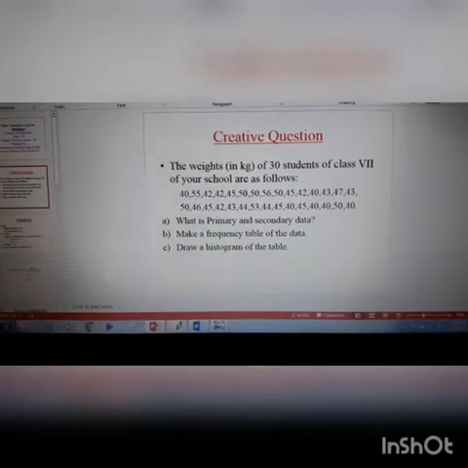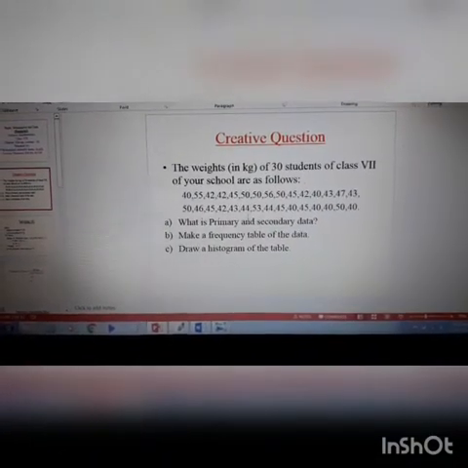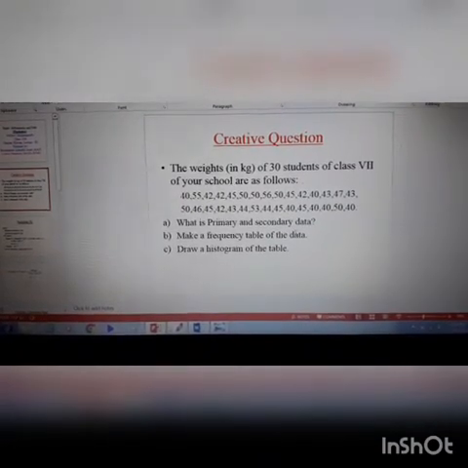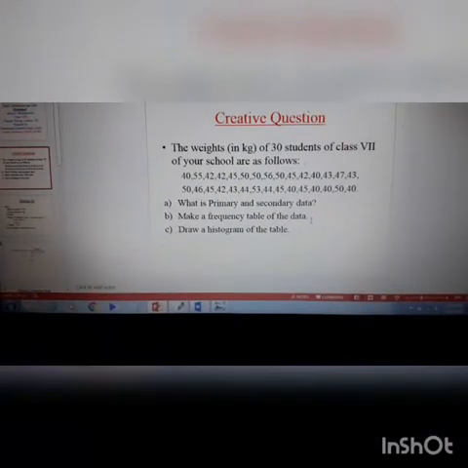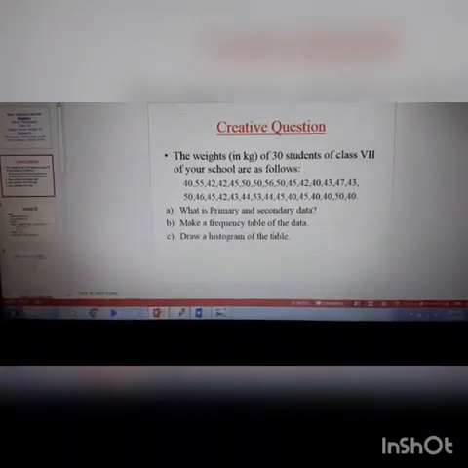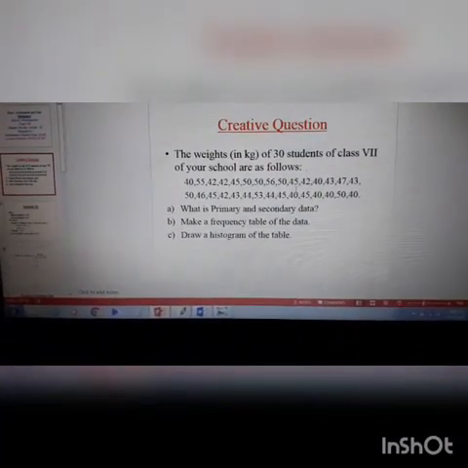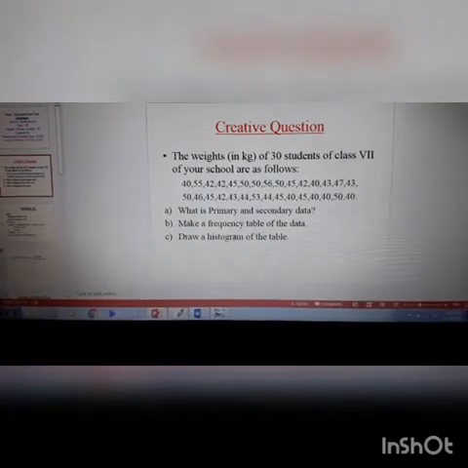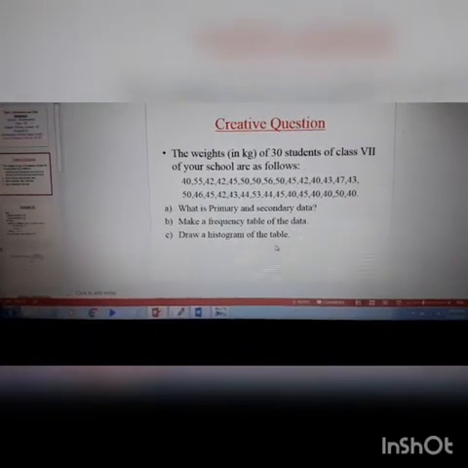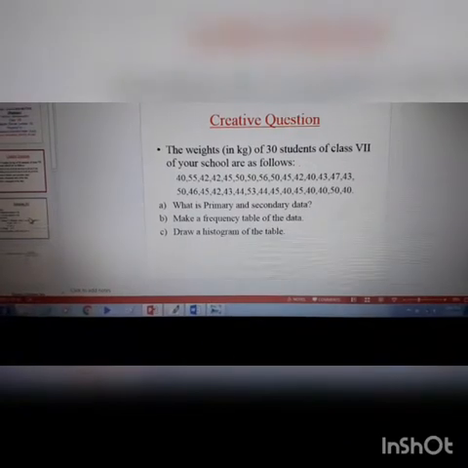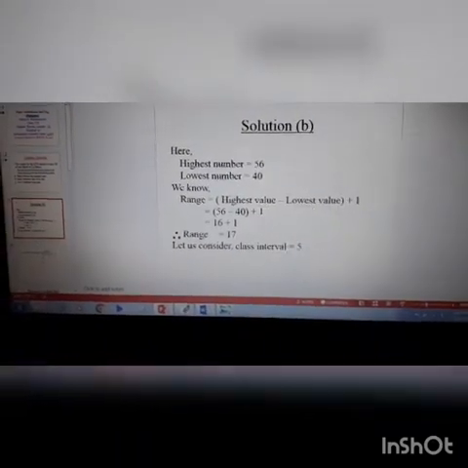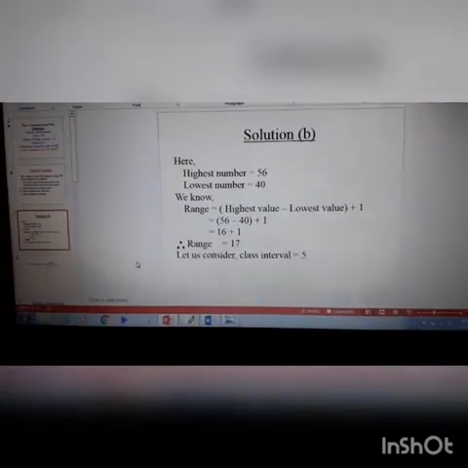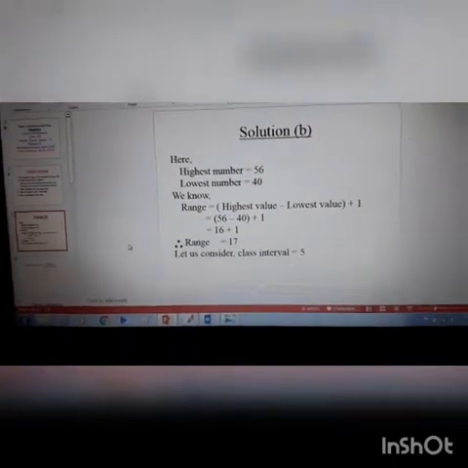Here the first question is what is primary and secondary data, that is, we have to define primary and secondary data. In number B, make a frequency distribution table of the data and draw a histogram of the table. Here B is 100% repeated from the previous class, that is why I am not going to explain the solution of B in detail.